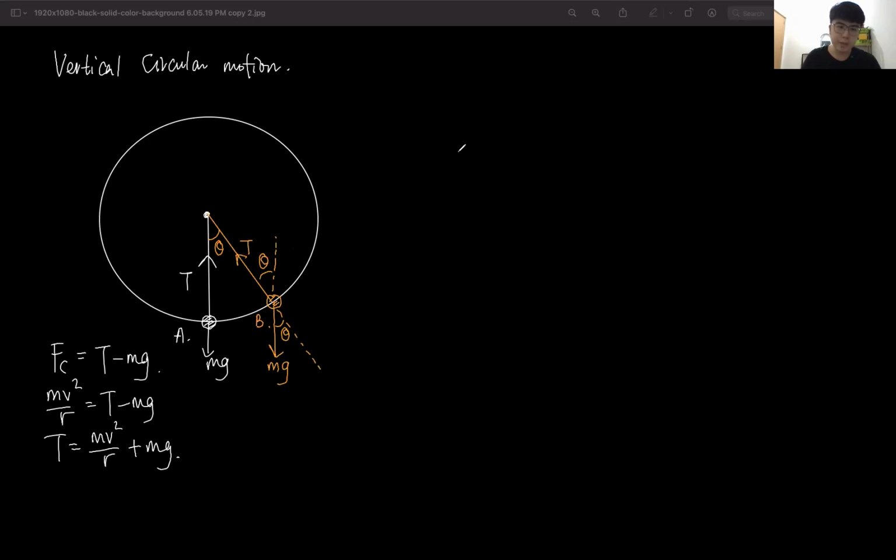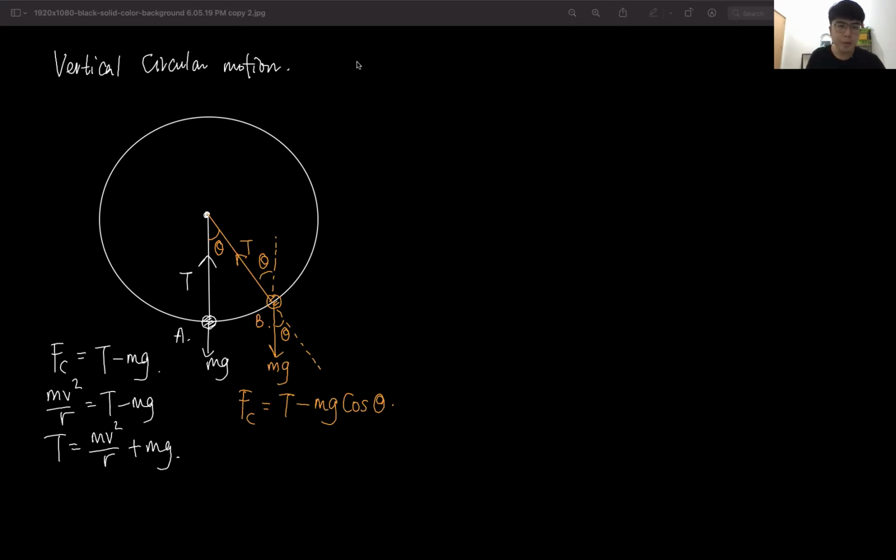Then we can do another derivation for this, where the centripetal force, again the net force, equals T minus mg cos theta. This is at position B.